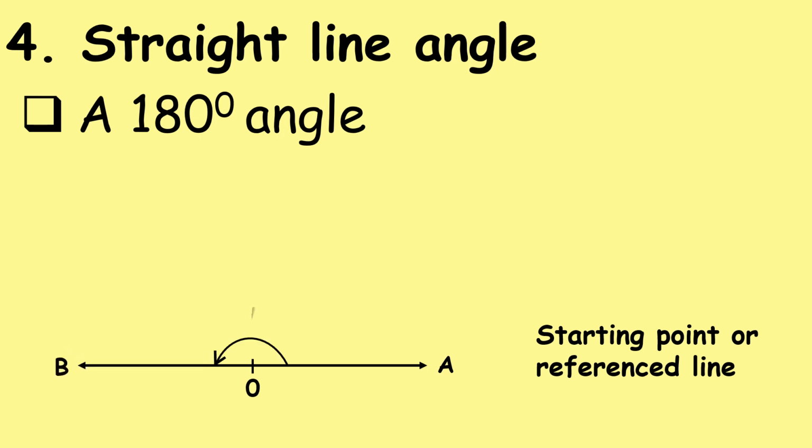So our angle here, which is D, is a 180 degrees angle, and it's a straight line. So D is equal to 180 degrees. That is, we're going from OA all the way to OB.